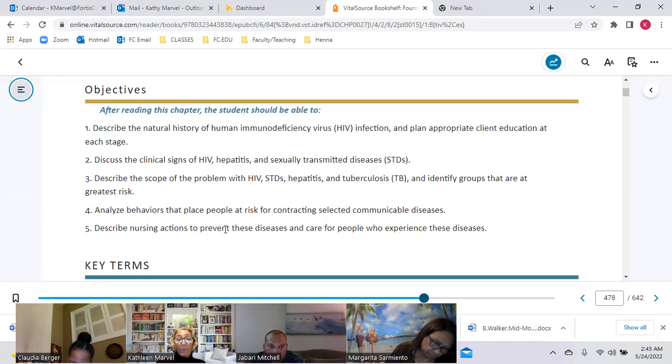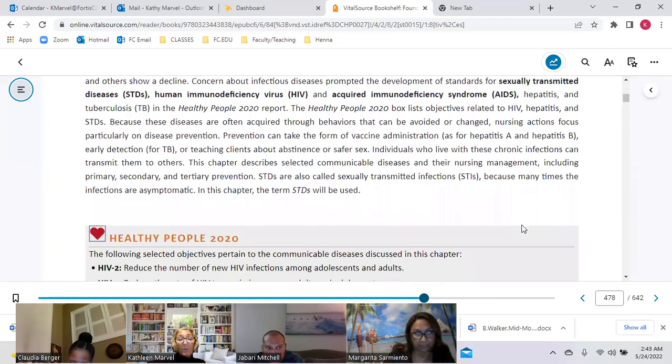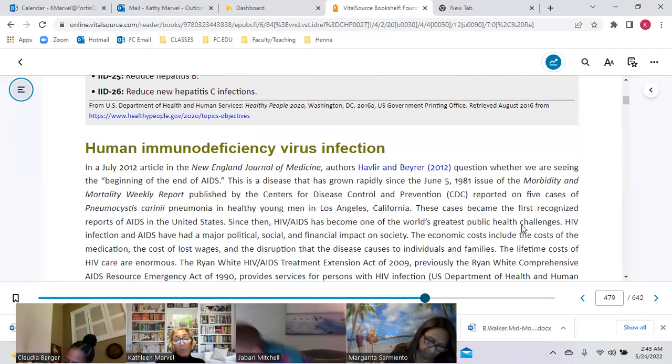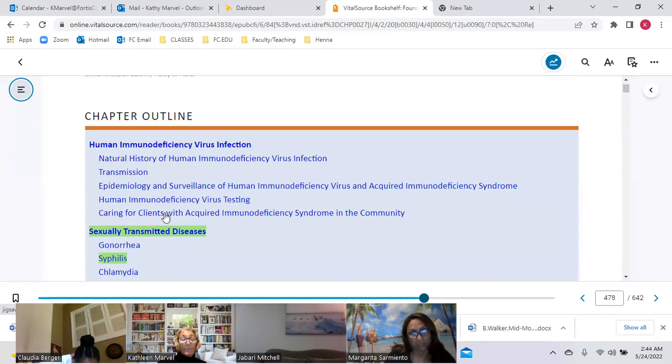What do we do for these people? What are the nursing actions to prevent the disease and care for people who do? So prevention is obviously primary. And what do we do at a tertiary level for people who have these diseases? And this is broken up into 4 sections. So I'm going to ask you to go back and go through those four health issues.